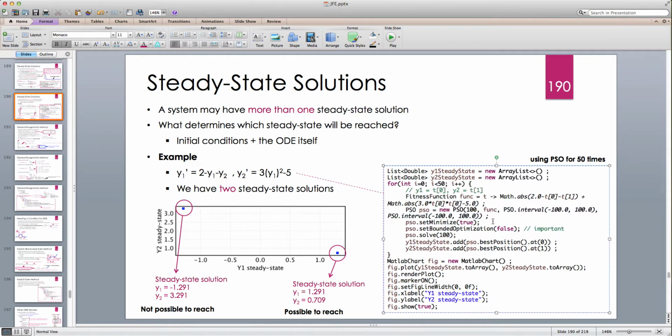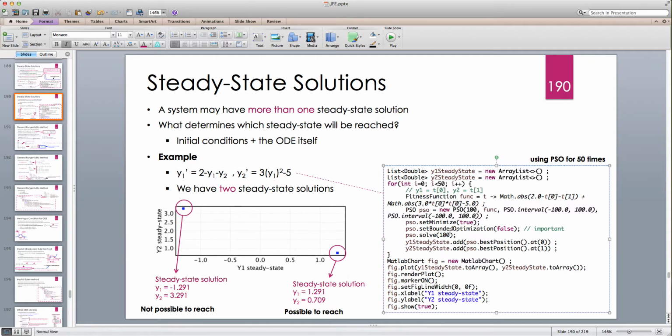So what I'm hoping is that after 50 random runs of the PSO, it reaches both of these minimum values. That's why I'm hoping to get both of the steady state solutions, and it does in fact pick up on both of the solutions.